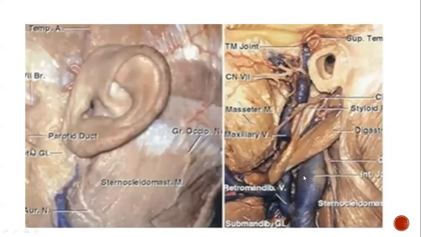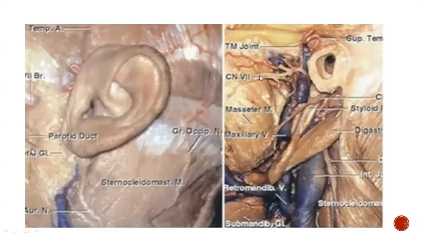Removing that will show the tympanic part of the temporal bone. This is the TMJ, the temporomandibular joint. And this is the superficial temporal artery, which is traversing upwards posteriorly here, which is a branch of the external carotid artery. This is the digastric posterior belly. And this is the masseter muscle.